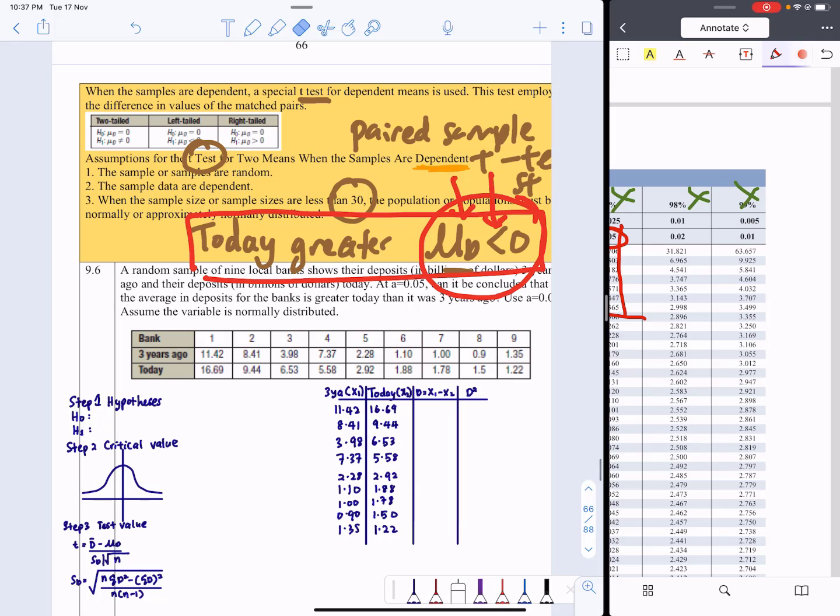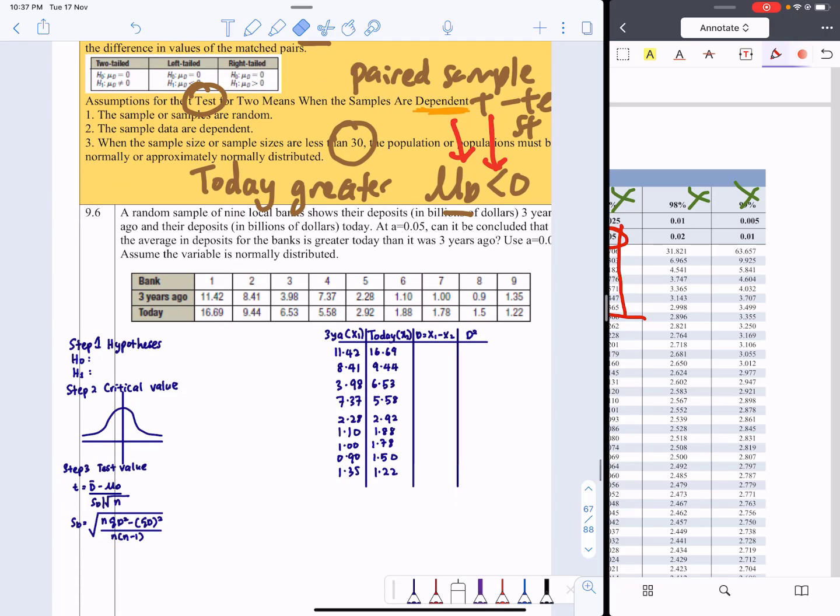Now we move to the first question regarding this paired sample t-test. Of course lah, you can read everything. Here we have the bank. The bank deposit today is greater than 3 years ago.